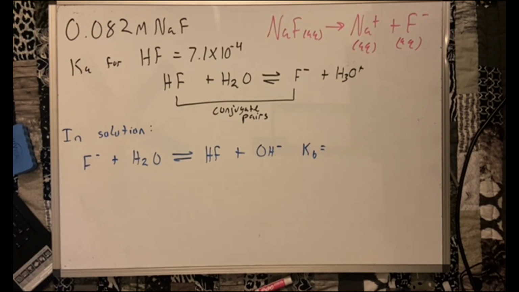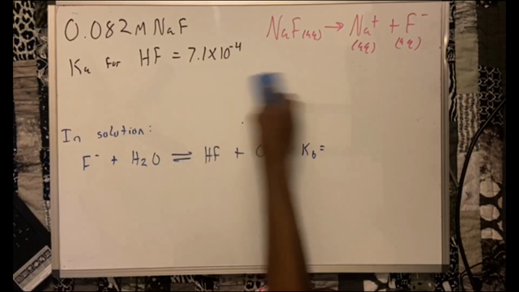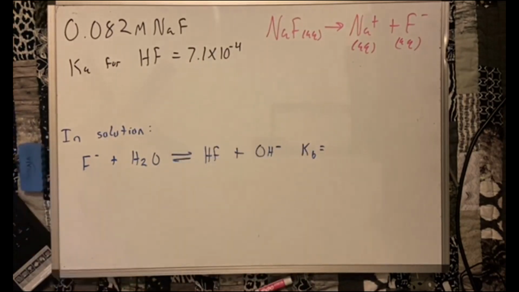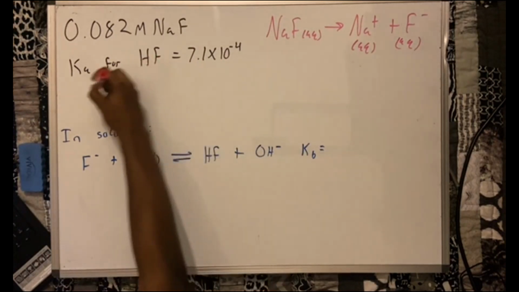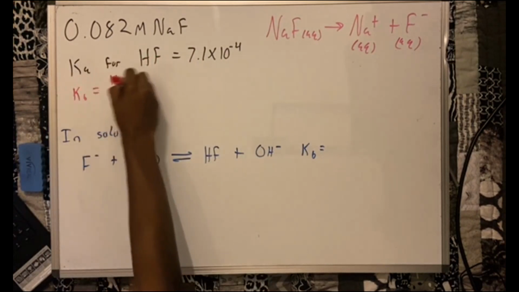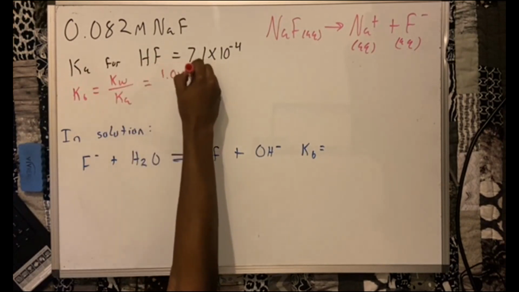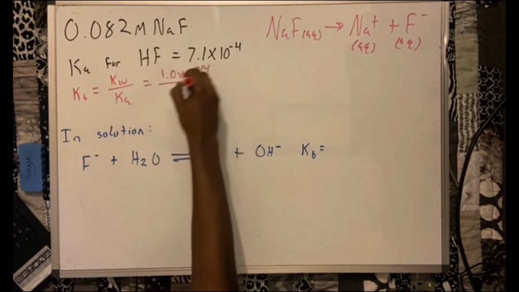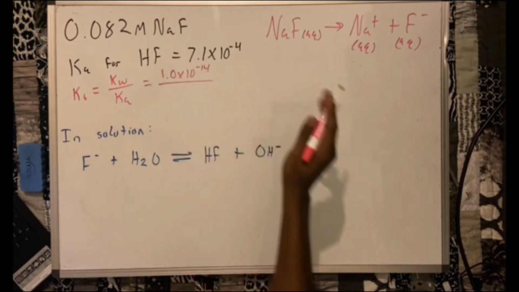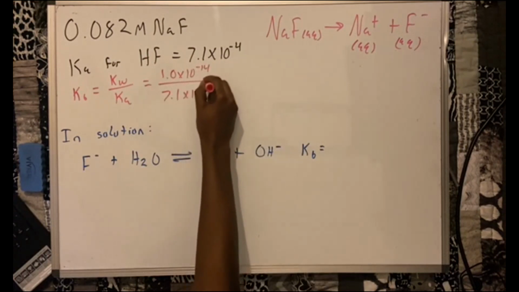Yes, okay, good. All right, I'm going to erase this part right here. Now we can calculate our Kb. Let's do that. Again, we're using our Kw. So Kb equals Kw over Ka, which is 1.0 times 10 to the negative 14 over 7.1 times 10 to the negative 4.